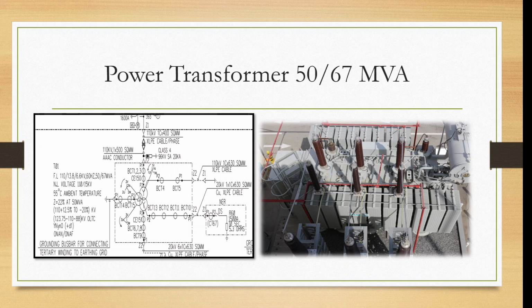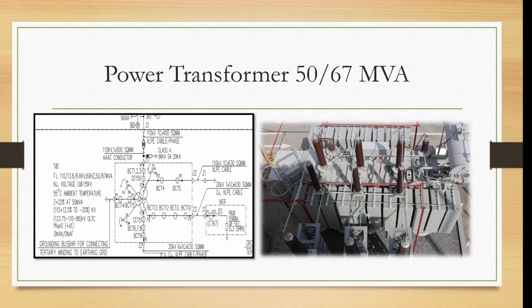So for parallel operation of more than one transformer, you have to raise and lower the voltage. Also, sometimes due to the load conditions, the transformer voltage drops. So this tap position will increase and decrease the voltage to meet the required voltage.